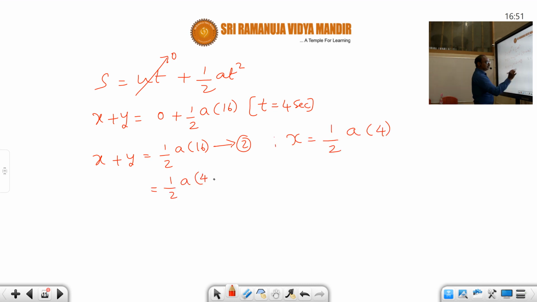Then half into a into 4 can be written as x. This is nothing but 4x, that is x plus y. Then y equals 4x minus x, so y equals 3x. So this type of question is very, very important. Now you can see the answer is y equals 3x.